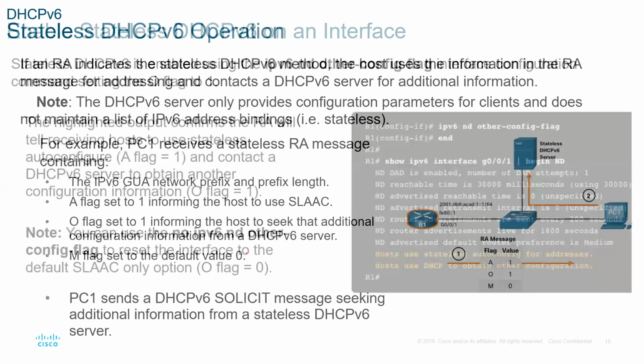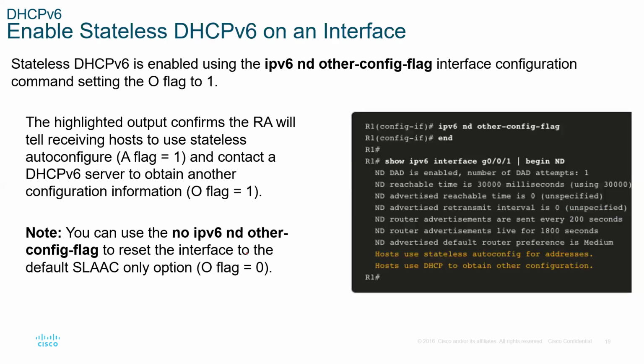This is more of a repetition. Enabling stateless DHCP on an interface. How do we enable an interface to provide stateless DHCP version 6 address configuration?